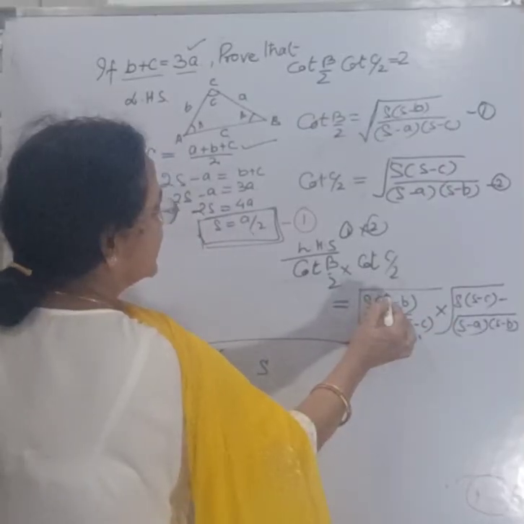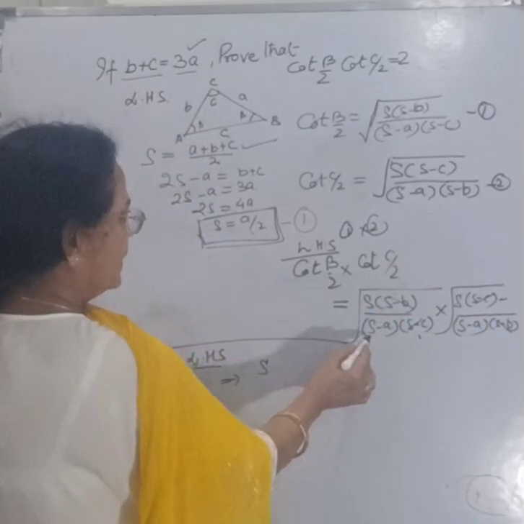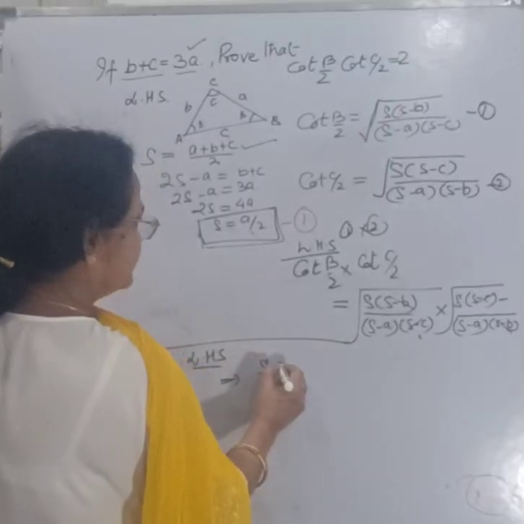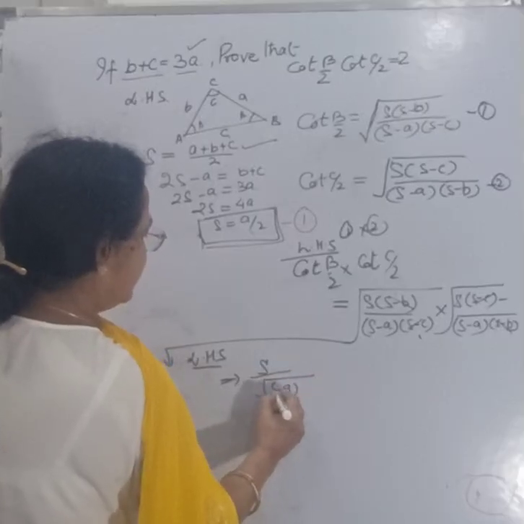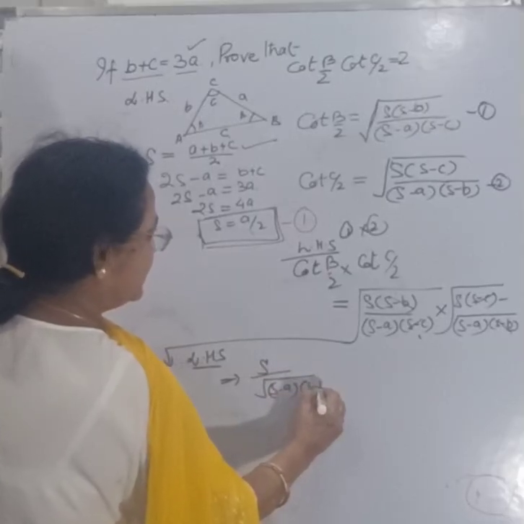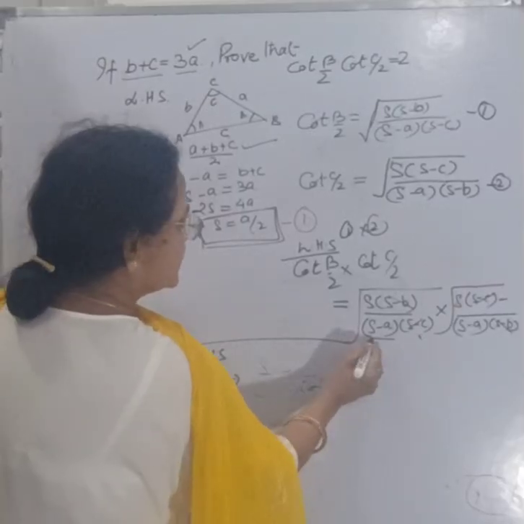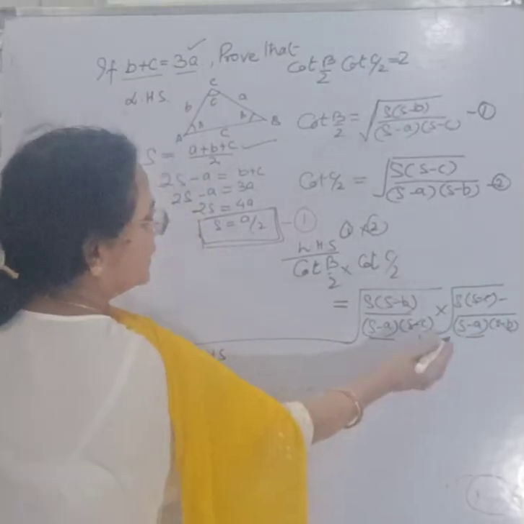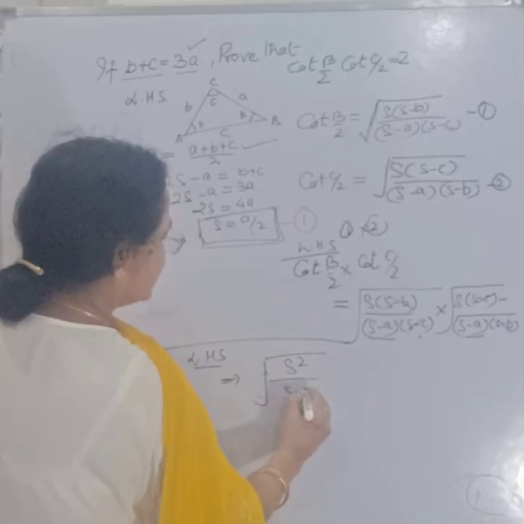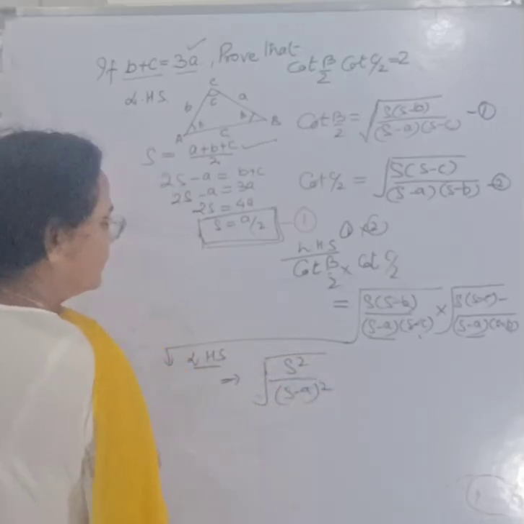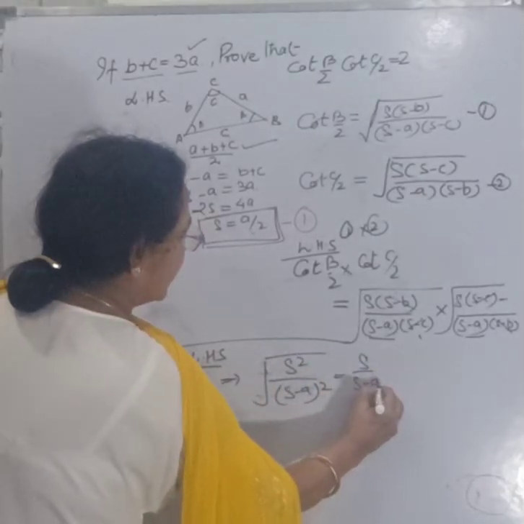Then we have under root S minus A squared in the denominator, as this is also S minus A and S minus A. It means under the root, what remains is S squared upon S minus A squared. This will be equal to S upon S minus A.